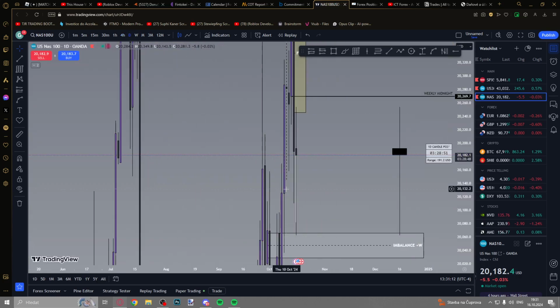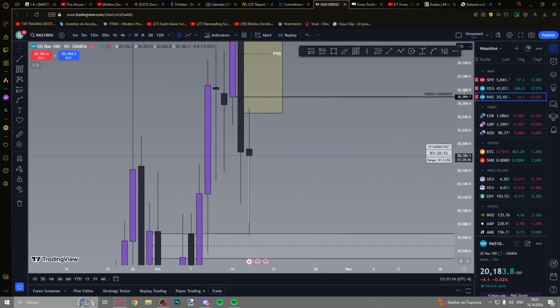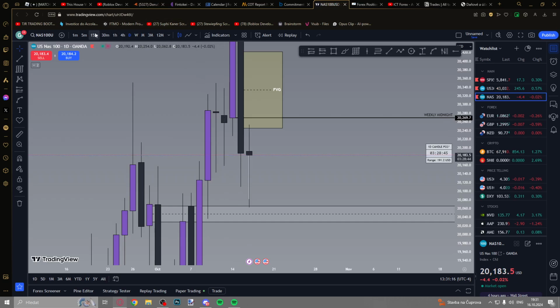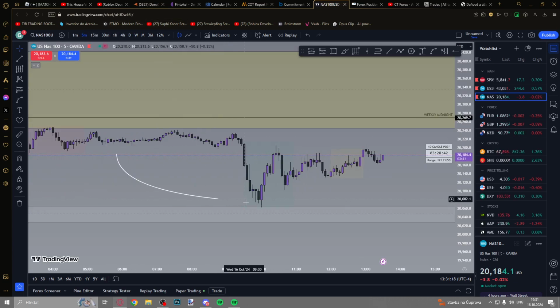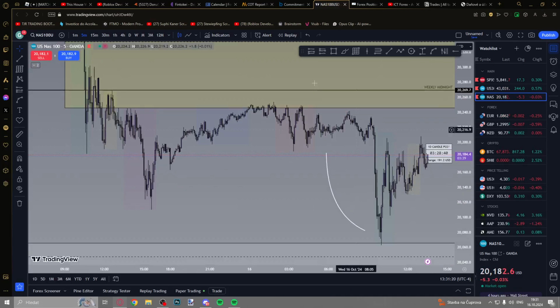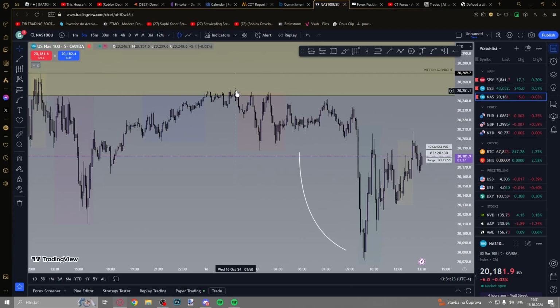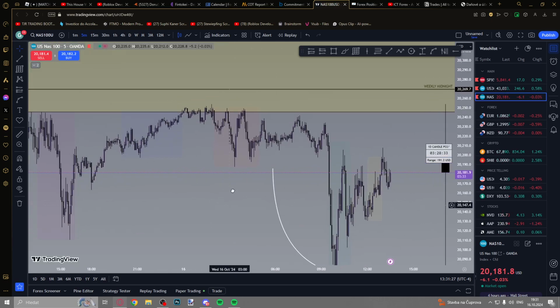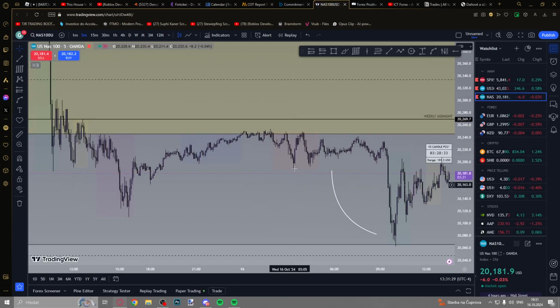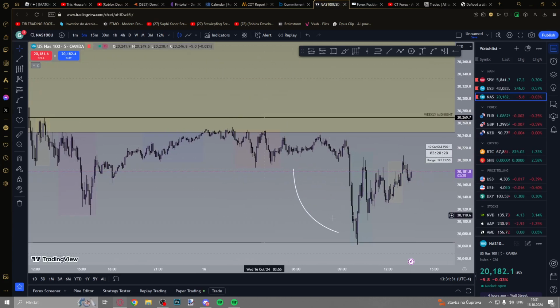Since I don't know what candle this is going to finish being, but high of the day 1:40, 1:45, 1:50, whatever. That's it. We didn't get a London to New York reversal.